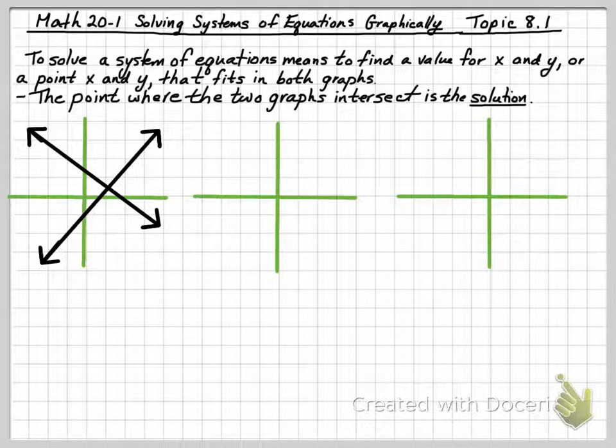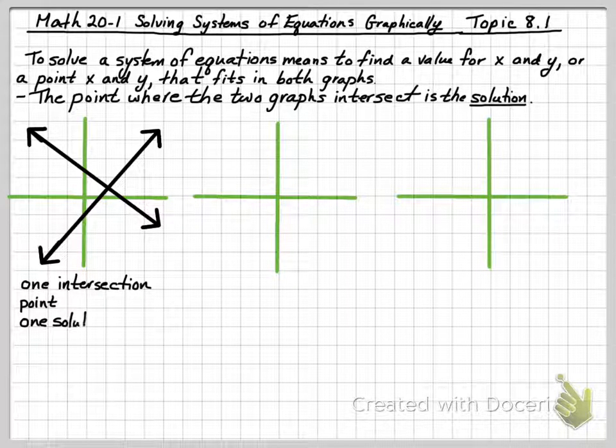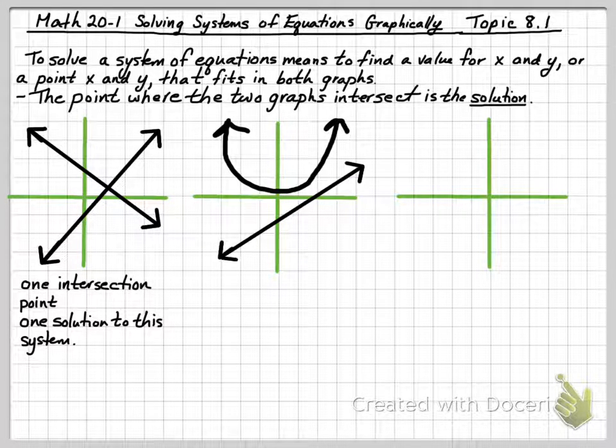If we look at several diagrams, in the first diagram we have two linear equations. They're going to meet in one spot. That's going to be one intersection point, and that's going to be considered one solution. In the second graph we have a linear quadratic system. There is no intersection point.